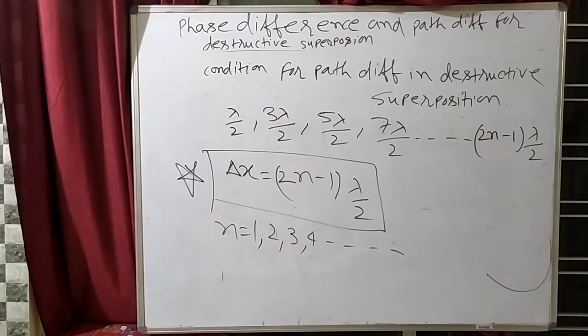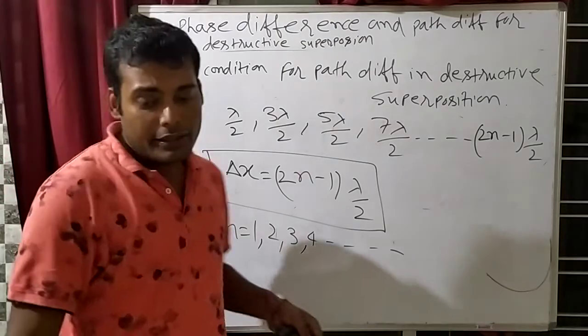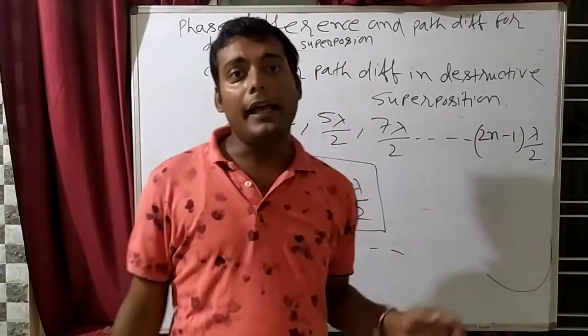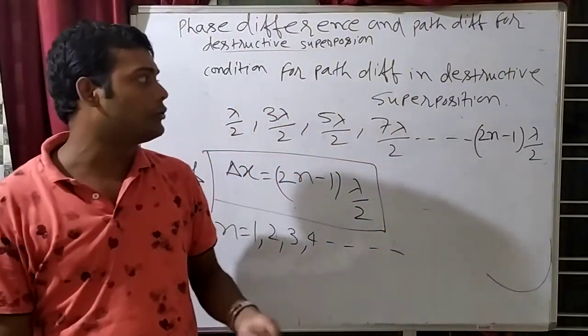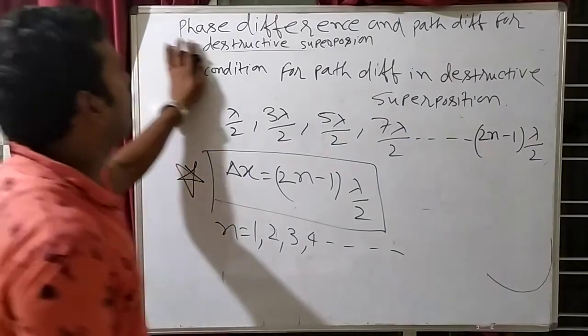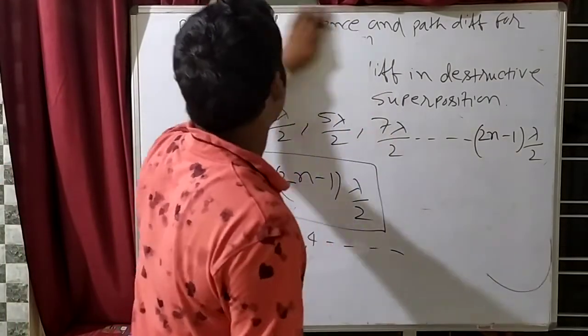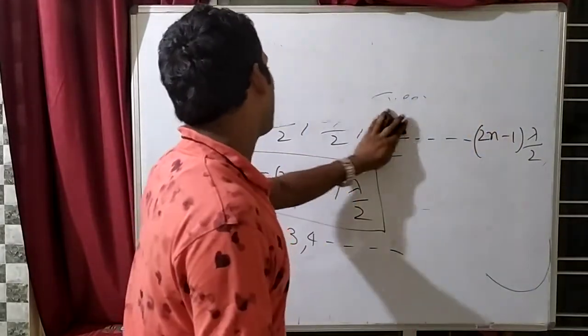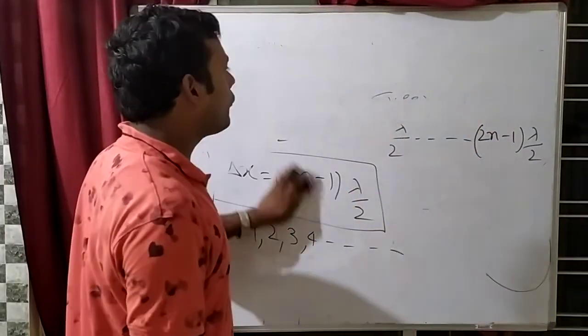So these all are the conditions for constructive and destructive superposition. What is the condition for constructive superposition? Phase difference would be equal to 2n pi, and n should start from 0, 1, 2, 3, right? And path difference should be equal to n lambda, and n starts from 0, 1, 2, 3.